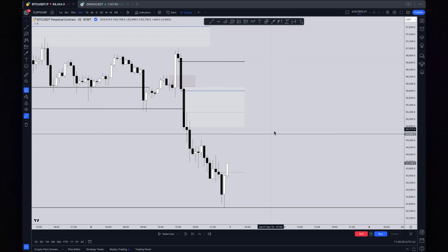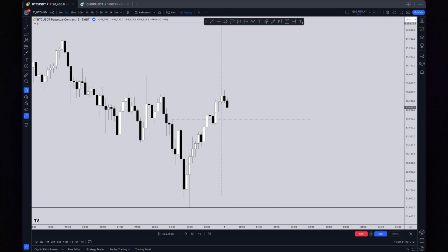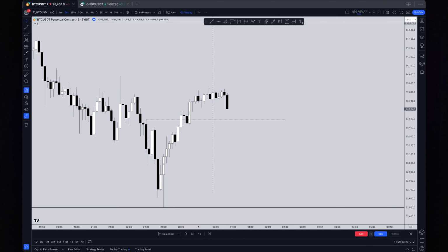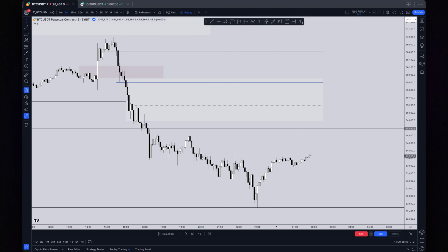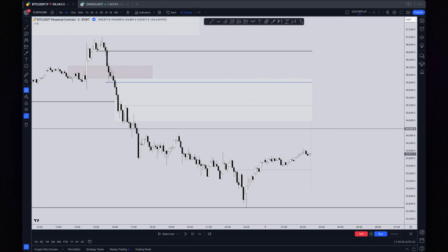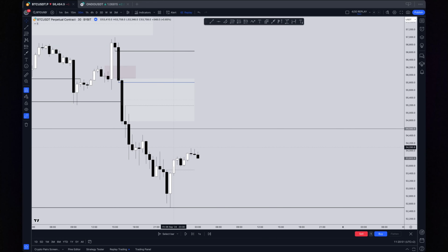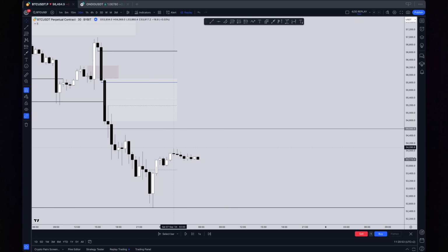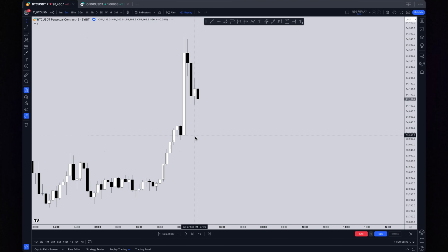Okay, so that's that level. That's also good to know. So we hop to the 5, and then we just look for any big spike to the upside. And we keep the 30 in mind. That's why we're getting a spike.